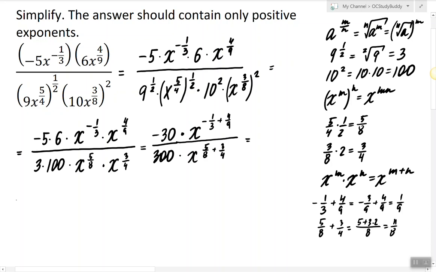So in the numerator we have x to the power 1 over 9. In the denominator we have x to the power 11/8. And the coefficients can also be simplified. Negative 30 over 300 is the same as negative 1 over 10, and it can be written like this.